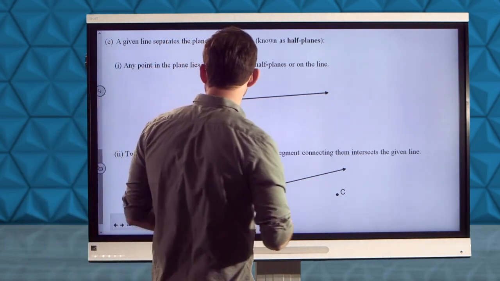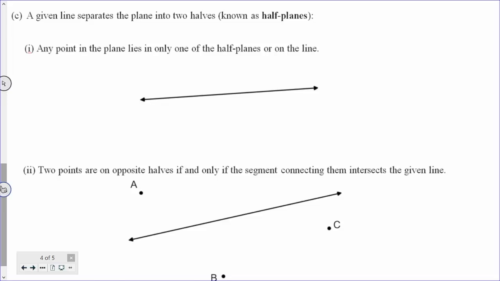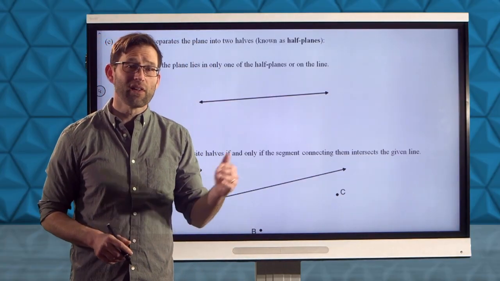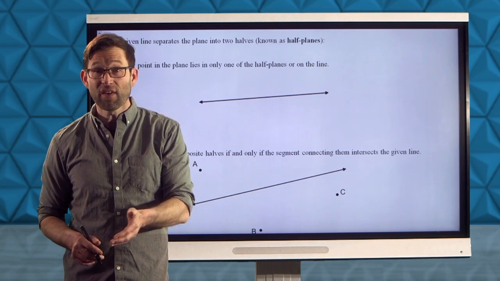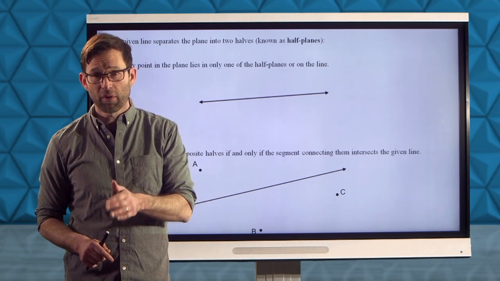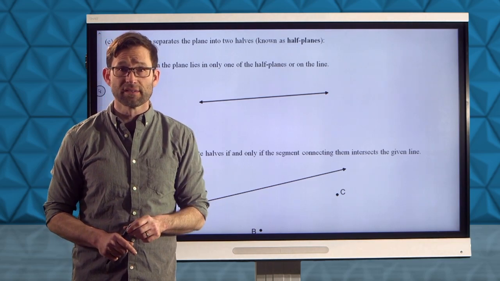And then the first axiom is any point in the plane lies in only one of the half planes or on the line. In other words, I don't have a point that lies in one half plane and the other one at the same time. It either lies in one half plane, the other half plane, or on the line itself.